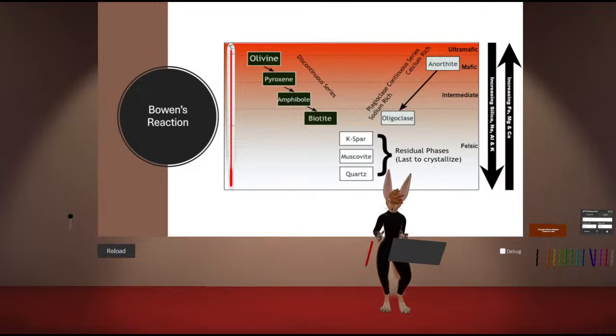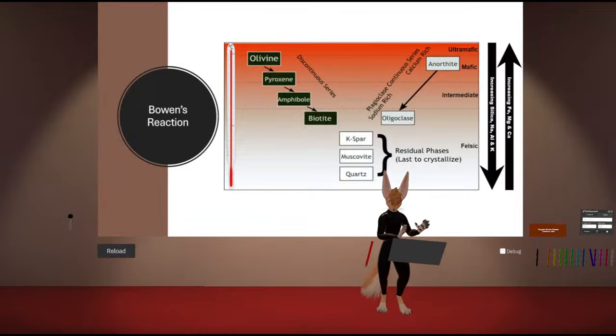The original composition of the melt affects the outcome. If the melt is high in silica and low in iron and magnesium, by the time the melt cools to biotite, no iron and magnesium remains. The high silica minerals, your K-spar, muscovite, quartz, they form, producing a felsic rock such as granite.